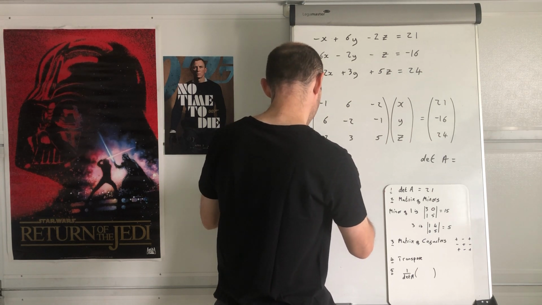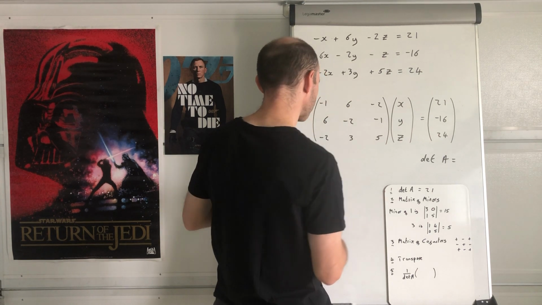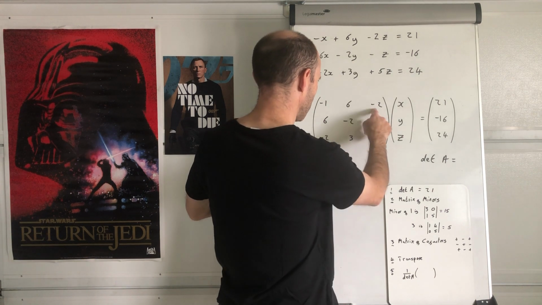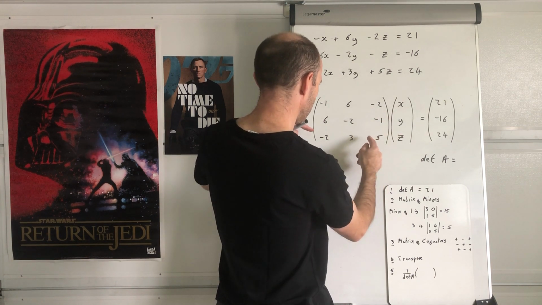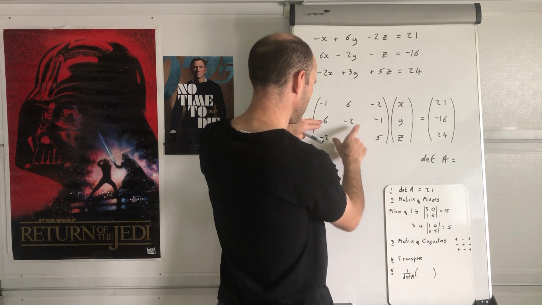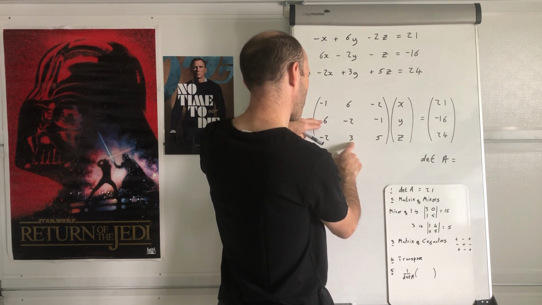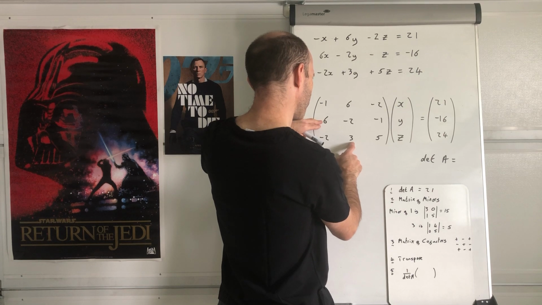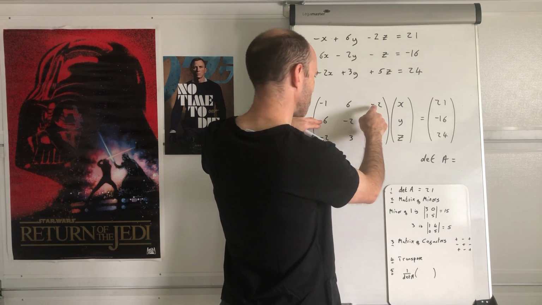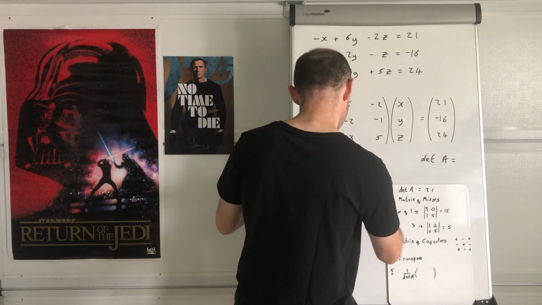I've got to subtract that, haven't I? Subtract 168. And then -2 times 18, subtract 4, that's 14. Times -2, -28.